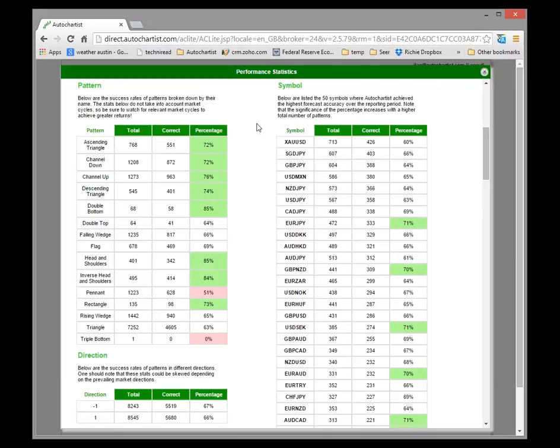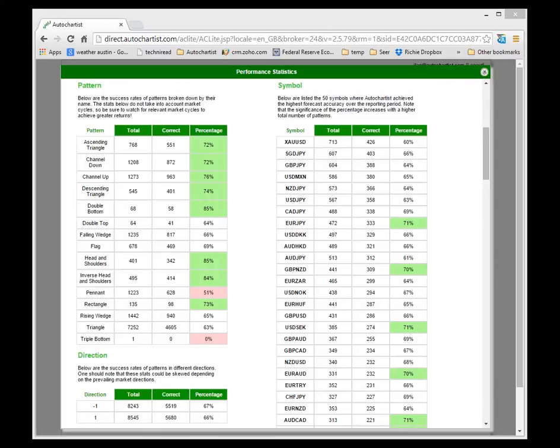But I want to show you what the screen comprises first. You can see very clearly it says performance statistics, chart patterns, so this is for chart patterns. You can also see the period. We run statistics every week on a moving window of about 6 months, so we try to keep the statistics as relevant as possible to current market conditions.